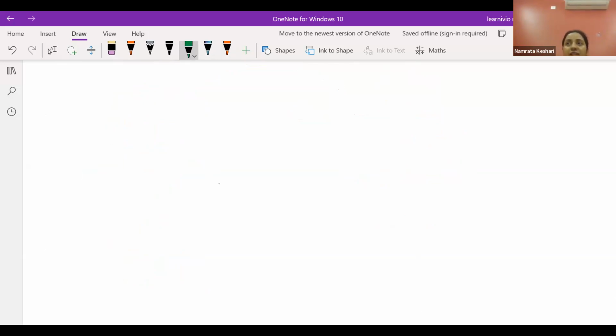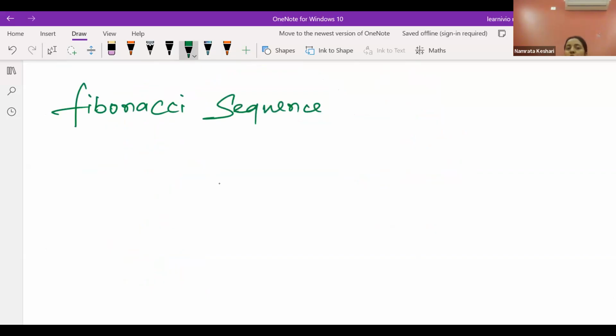Now there are some very special sequences also. One of them is the Fibonacci sequence. It goes in a certain pattern. The first two terms of this sequence will always be 1.